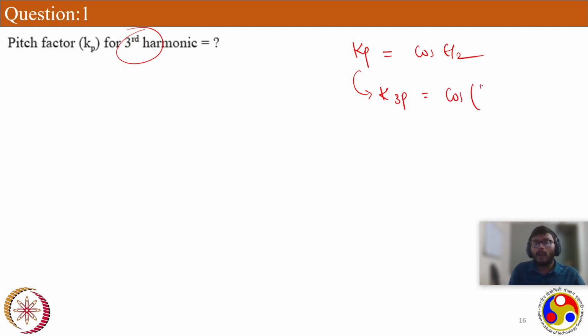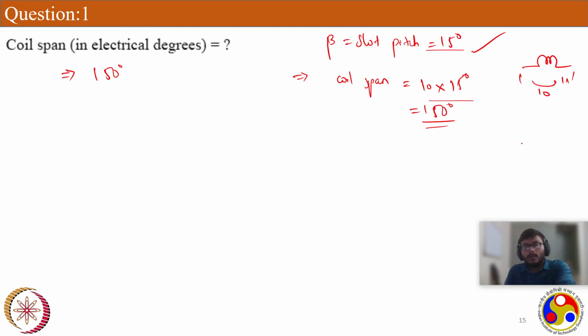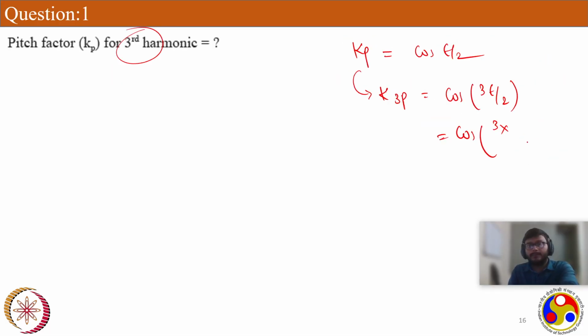So my epsilon will be 3 epsilon by 2. What is my short pitch angle? You remember? Coil span is 150, total spread is 180, so my epsilon is 30. 3 into 30 by 2. So how much is K3P? Cos 45, 1 by root 2, it's 0.707. So that's the pitch factor.